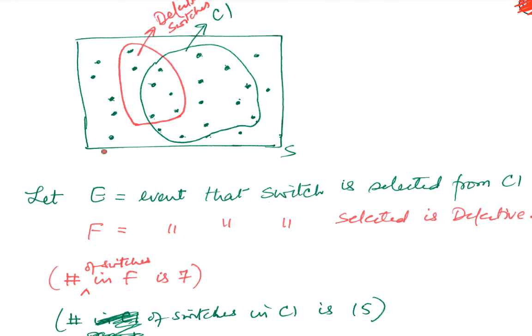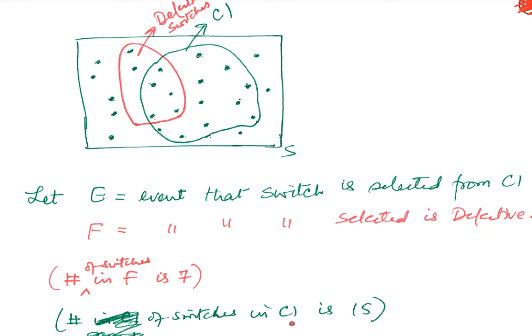So let's define some events here. E is the event that the switch is selected from Company 1, and F is the event that the switch selected is defective.